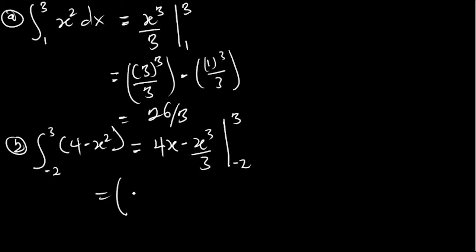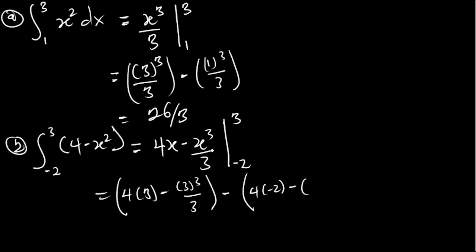That will be for the upper limit 4 by 3 minus 3 cubed on 3, minus the lower limit, which is -2. So 4 by -2 minus -2 cubed on 3.